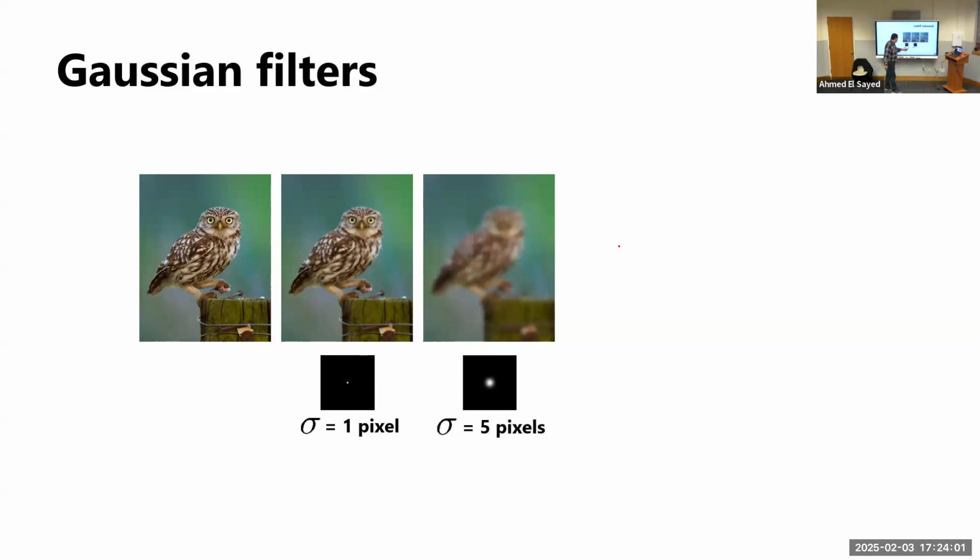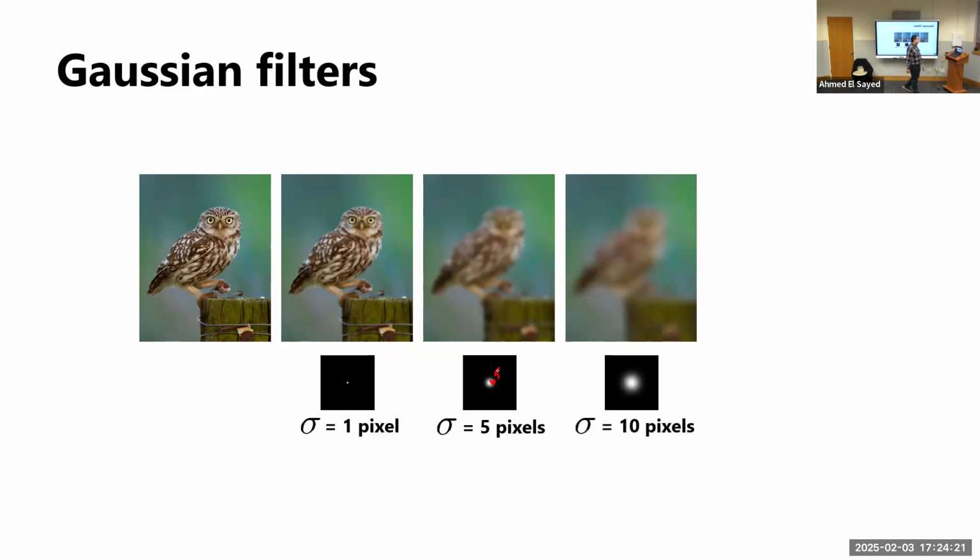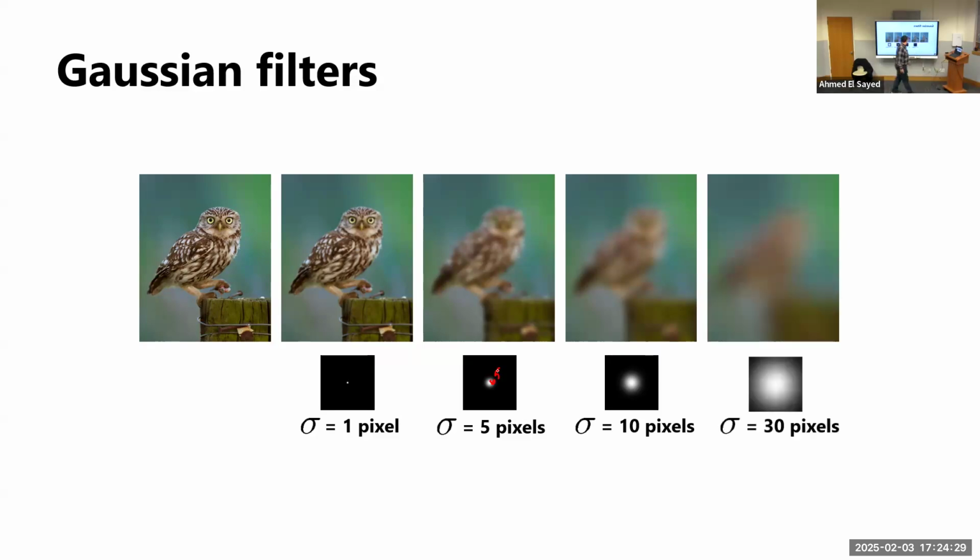If you increase the value of sigma, it becomes 5 pixels. So you see here it becomes more blurry, but again you can see the object. Here it's 10 pixels. Here it's 30 pixels.